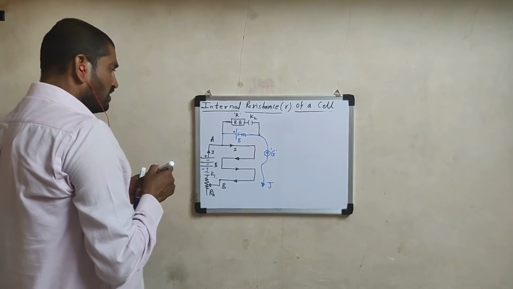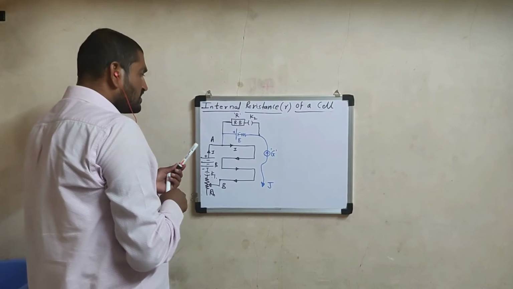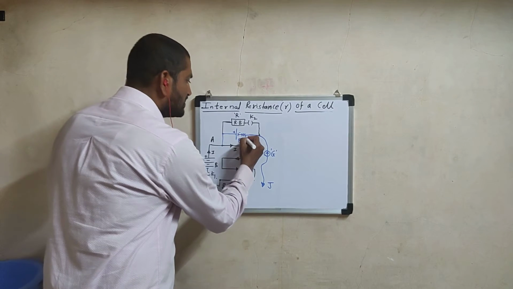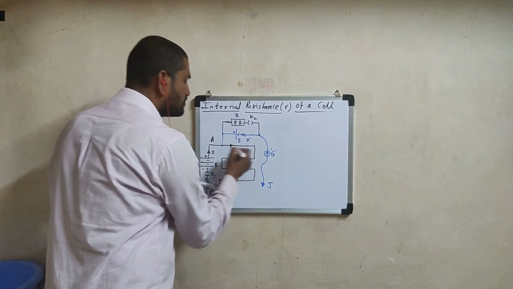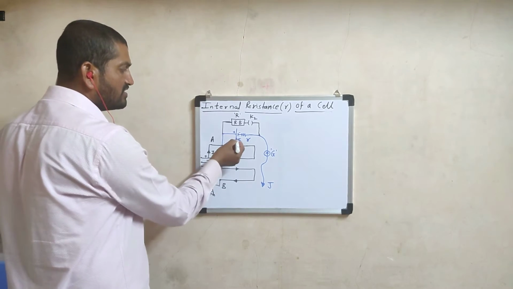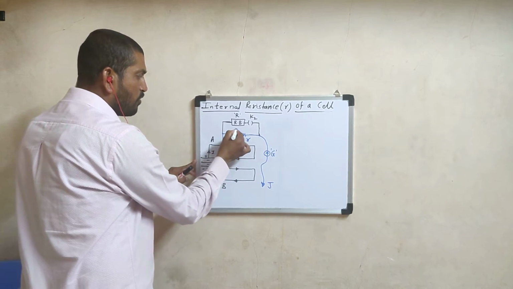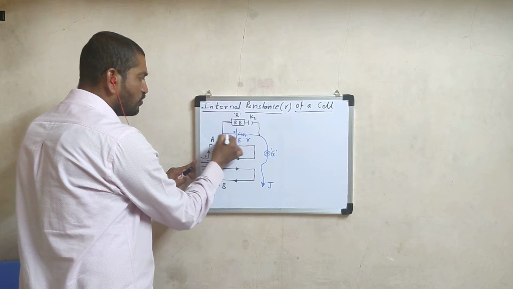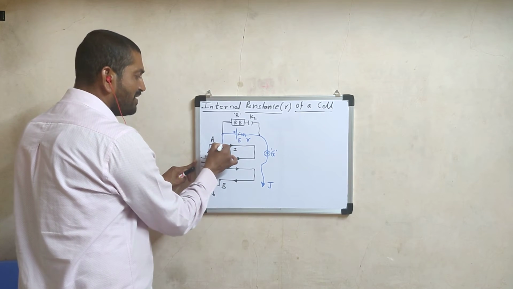Now a cell whose internal resistance is to be calculated is connected across this potentiometer. How is it connected? See here, the blue color circuit. The positive of the given cell is connected to that point to which the positive of the main battery is connected.